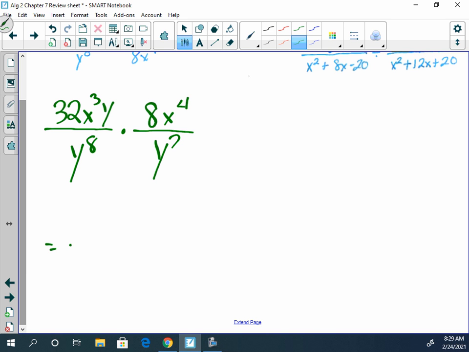Now if we just multiply them together, 8 times 32 is going to be 256. Then we do x to the 4th times x to the 3rd, which would be x to the 7th. And then we just have y. We just multiplied those numerator terms together. And the denominator, we have y to the 8th times y to the 7th, which would be y to the 15th.